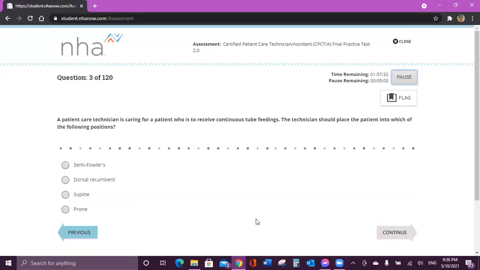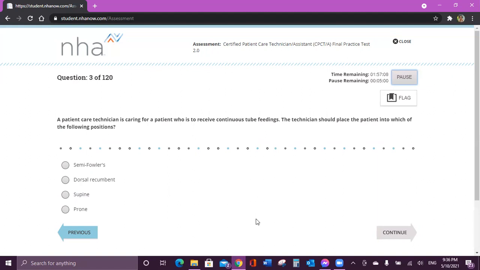A patient care technician. Tú ves, esa yo no la había visto. A patient care technician is caring for a patient who is to receive continuous tube feeding. The technician should place the patient into which of the following positions?